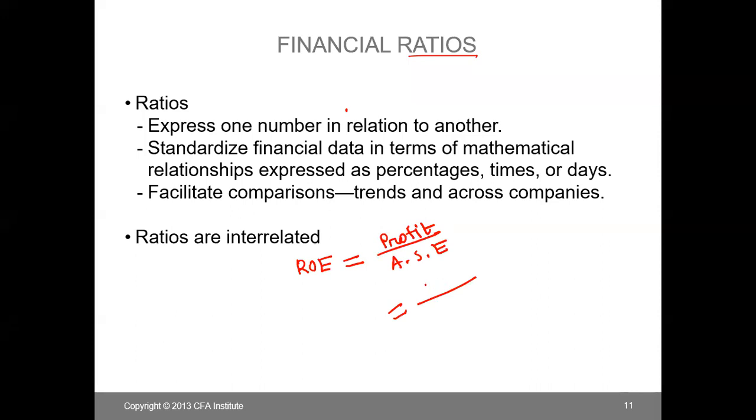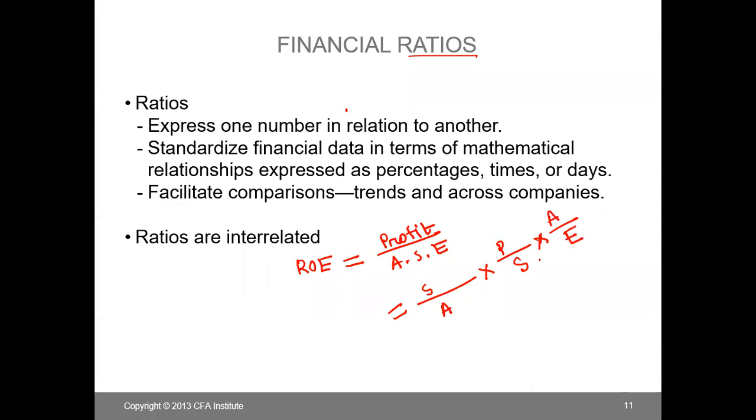Which is sales divided by assets, which is the turnover ratio. And we can also express the profit here, profit divided by sales. And we can also make leverage, assets over equity.